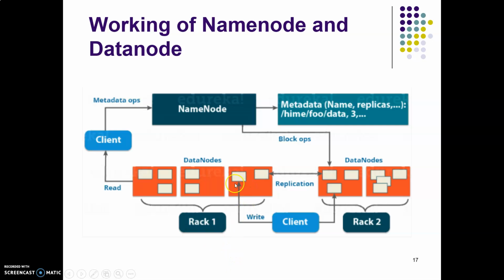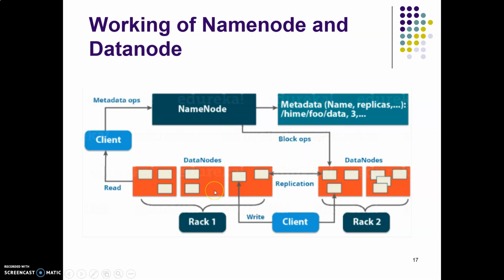Similarly, this is the reading operation, and when a client is trying to write, it directly writes into the data nodes, and whenever it writes to the data nodes, the metadata is also created by the name node.